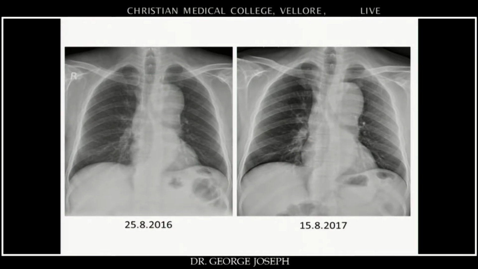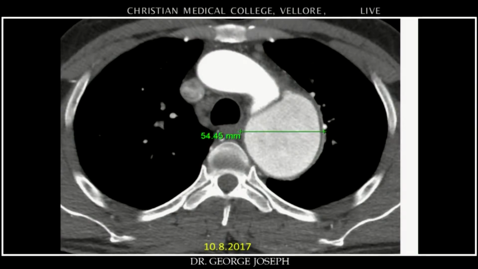So we've been following him up for a year, and you can see a subtle increase in that aortic knuckle shadow size. The CT also shows that the false lumen has now crossed 5 centimeters.